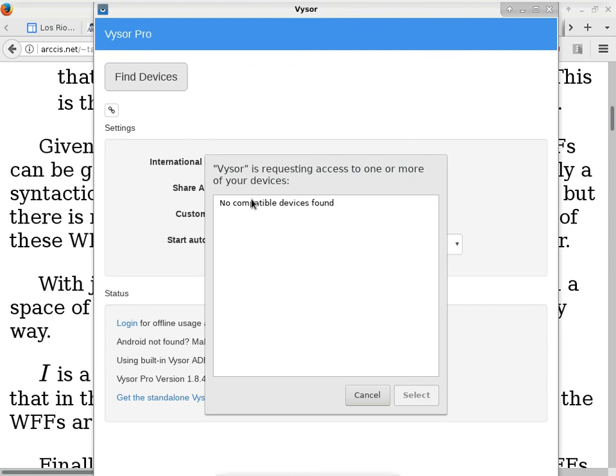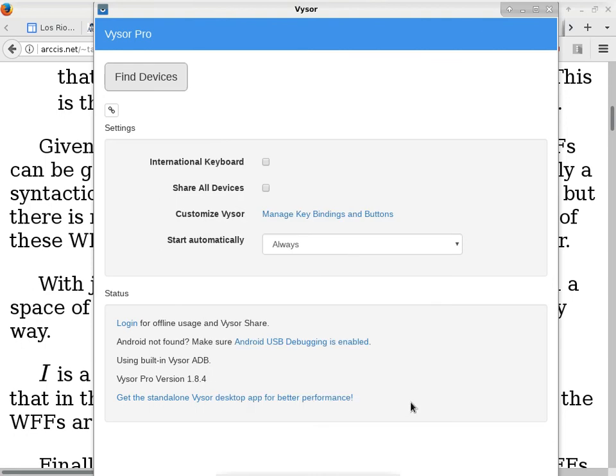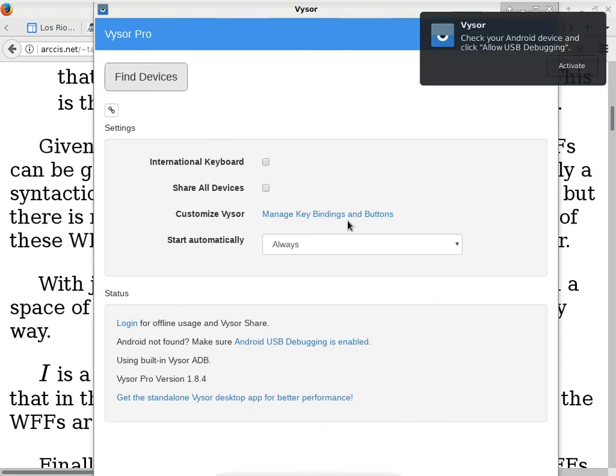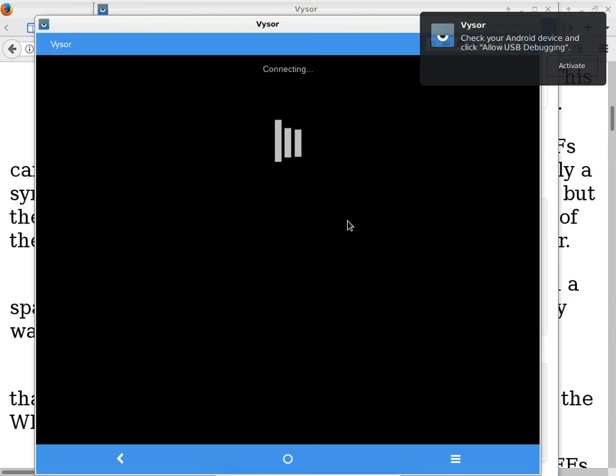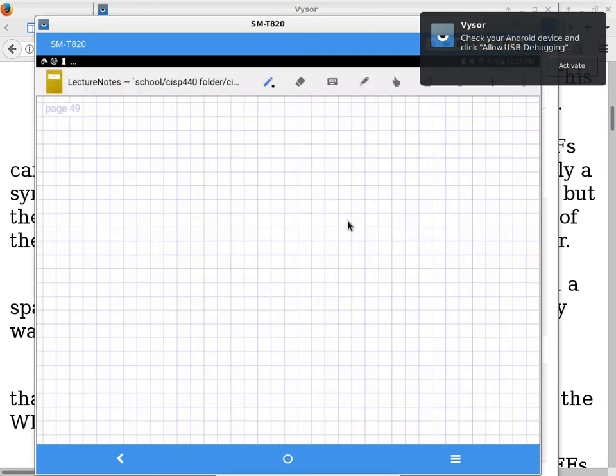Or Wi-Fi, or Bluetooth, or something like that. Except this tool doesn't go over wireless. Bluetooth. Nope, not yet. There we go. Okay.